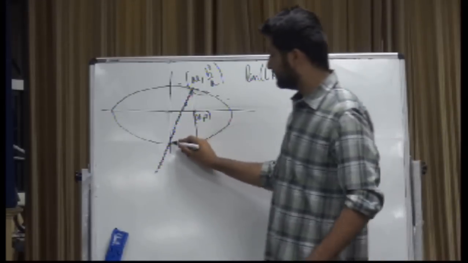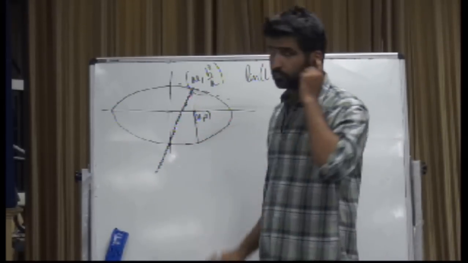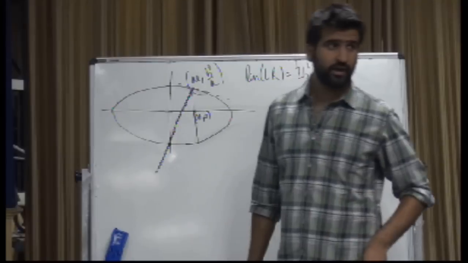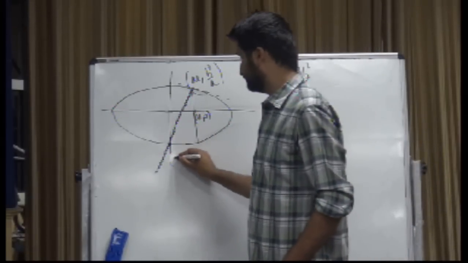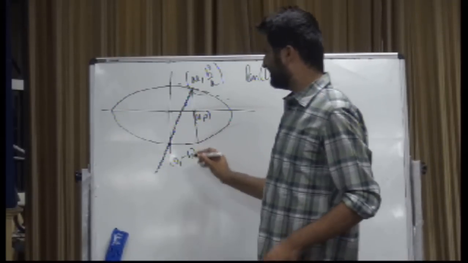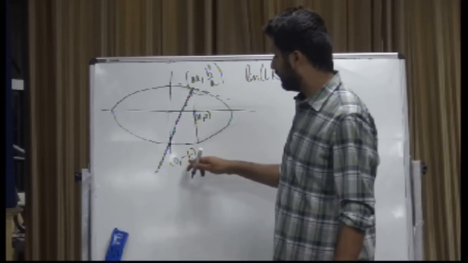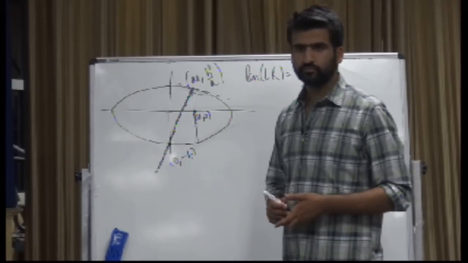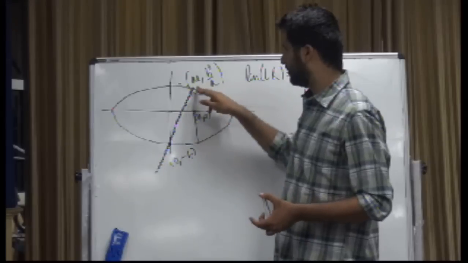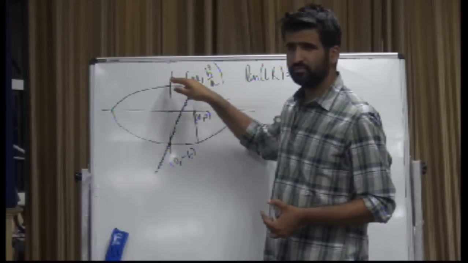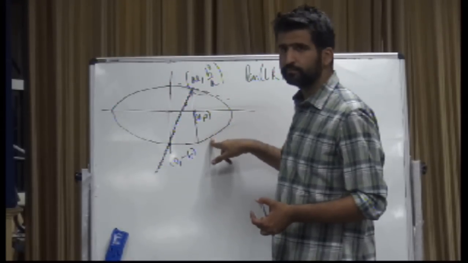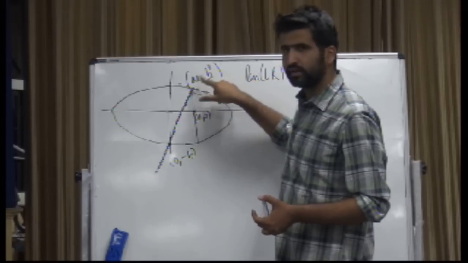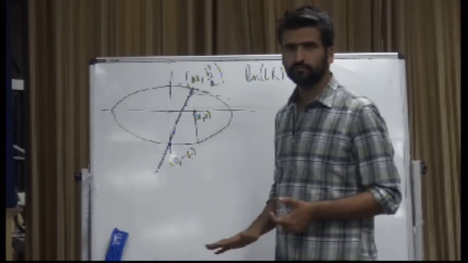And what is this? 0 comma, the endpoint of the minor axis will be 0 comma minus b. Now take care of this: don't put this point as 0 comma b, since the normal can't pass through this point if you take this point as a comma minus b square upon a. If you make this coordinate minus, then it will become plus.